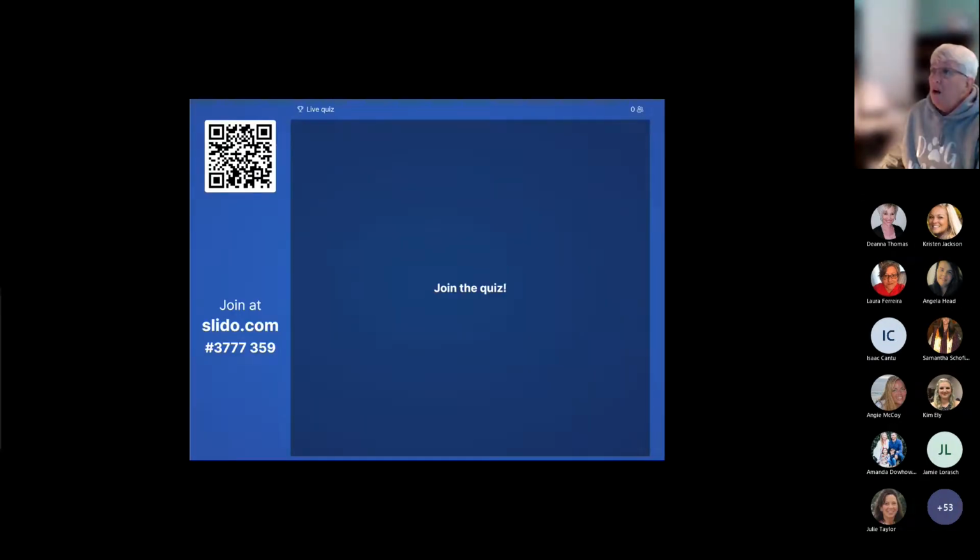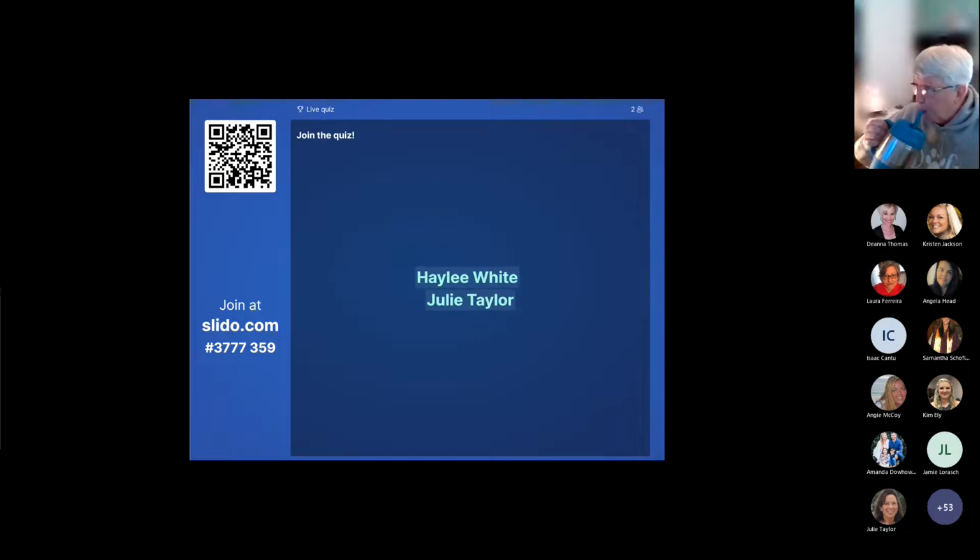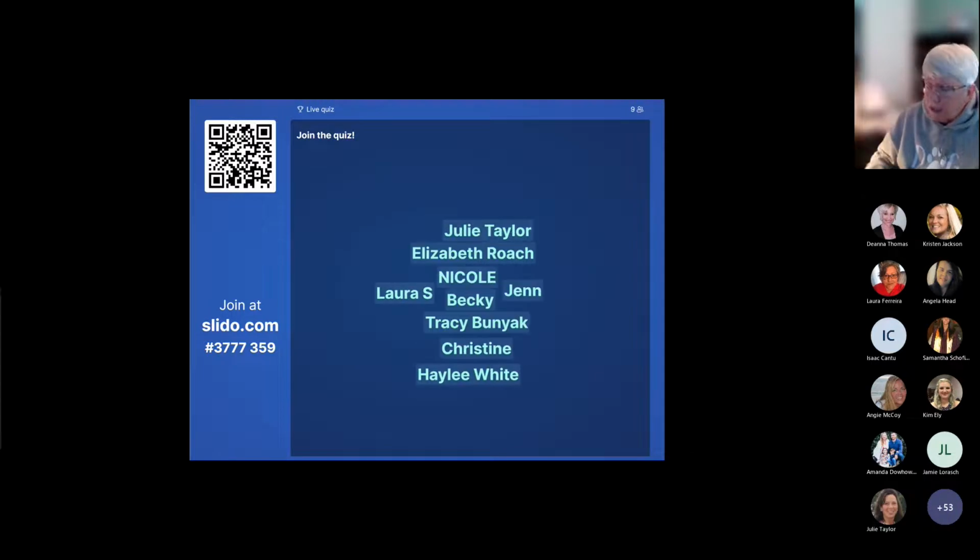Ooh, Slido! We've got Slido! Can't back up a slide. So it has the code to come in at 3777359 to join us at slido.com. And Haley White wins the fast finger contest for typing.